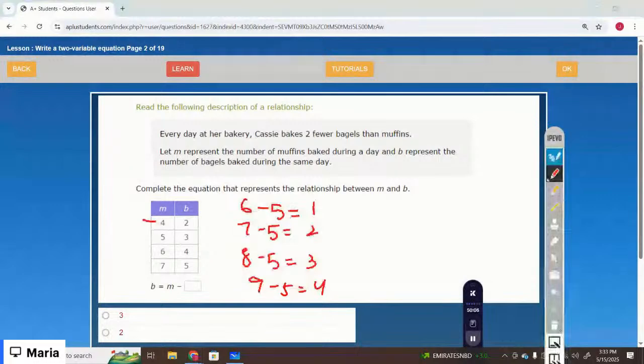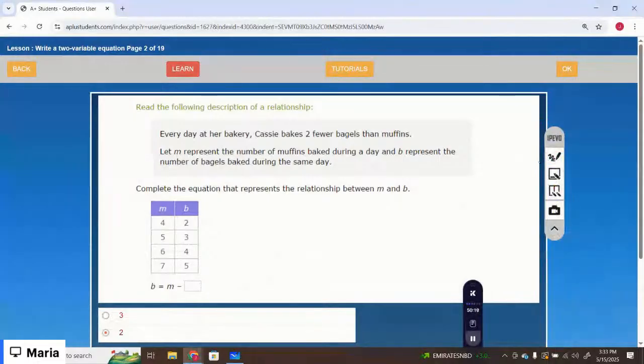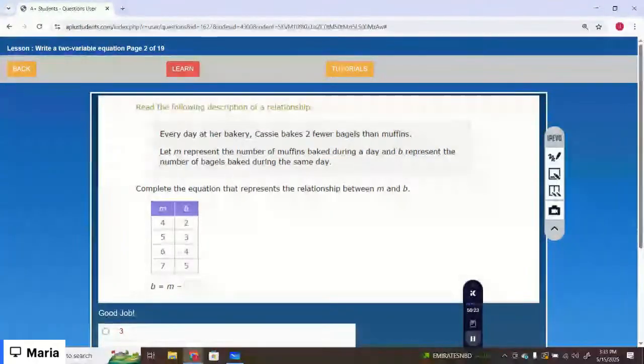Five minus two is three. Six minus two is four. So that means the equation is B equals M minus two. Option number two is the correct option.